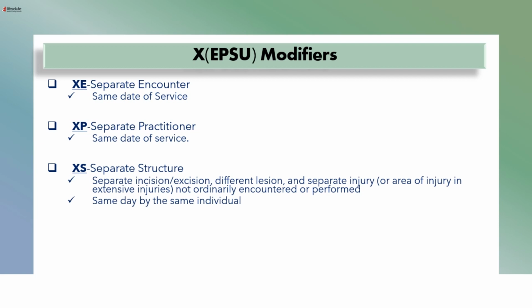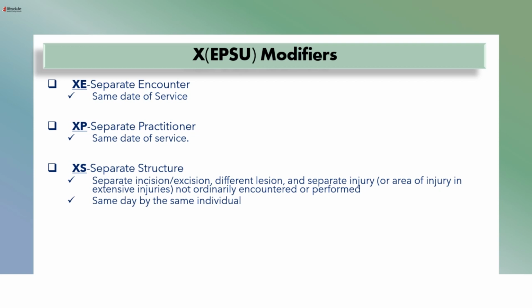This is probably the one that's used the most, I would say, and this indicates a separate structure. So it has to be a separate incision or excision, a different lesion, and separate injury or area of injury in extensive injuries, not ordinarily encountered or performed. Now, this has to be on the same day by the same individual.